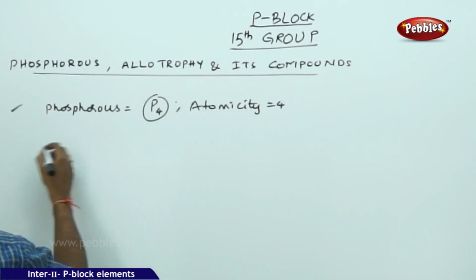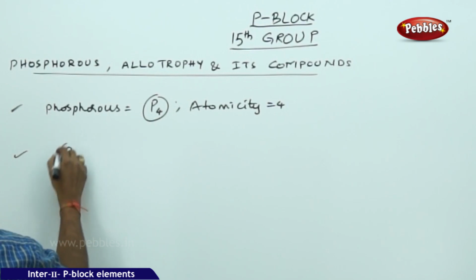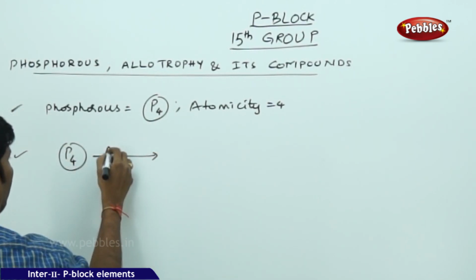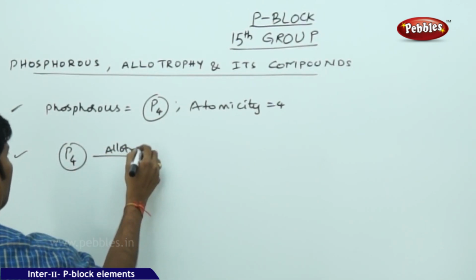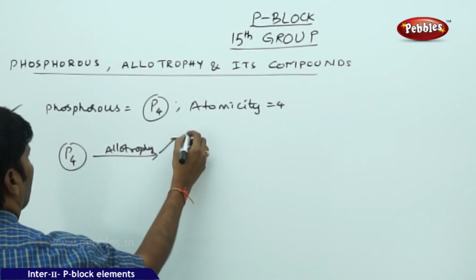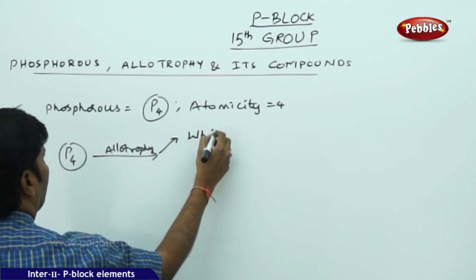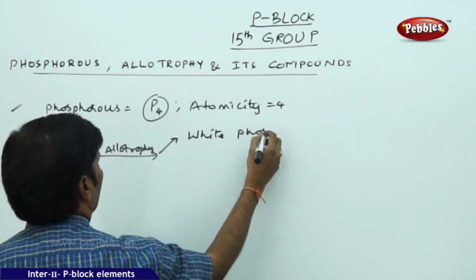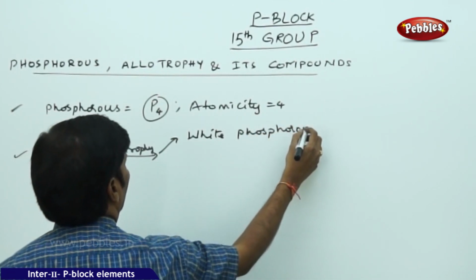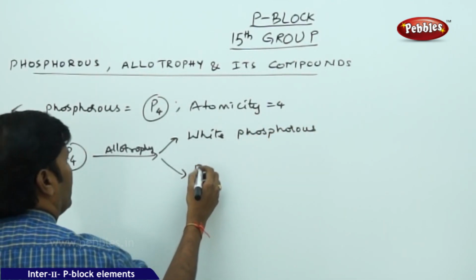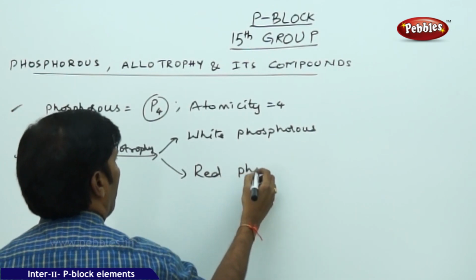In its allotropy, phosphorus exists in two forms, that is white phosphorus and the other one is red phosphorus.